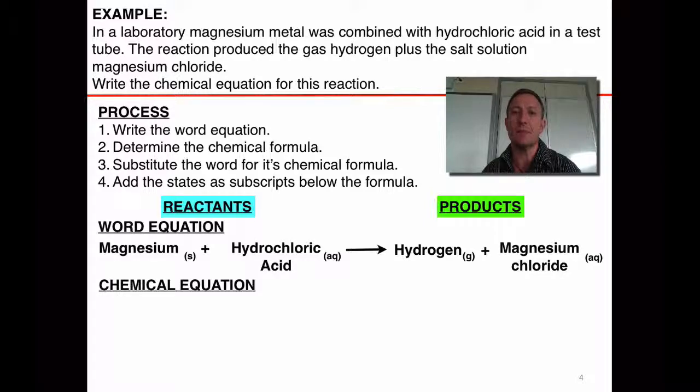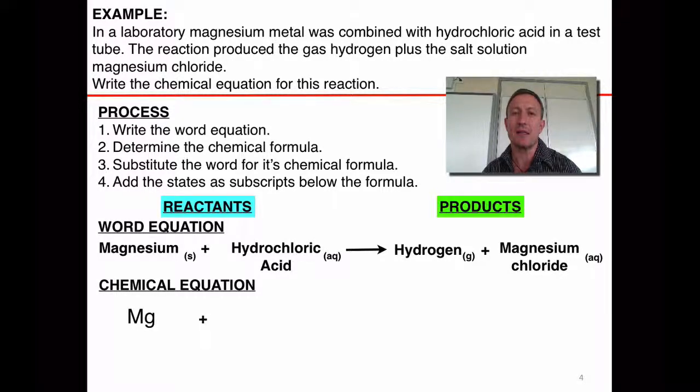So now we need to build the chemical equation. If we've got just a straight metal, we'll just add the formula that we would find in the periodic table. We use the metallic symbol. The metallic symbol for magnesium is Mg. This is then added, remember the plus sign, to hydrochloric acid. Hydrochloric acid is made up of H+ and Cl-.